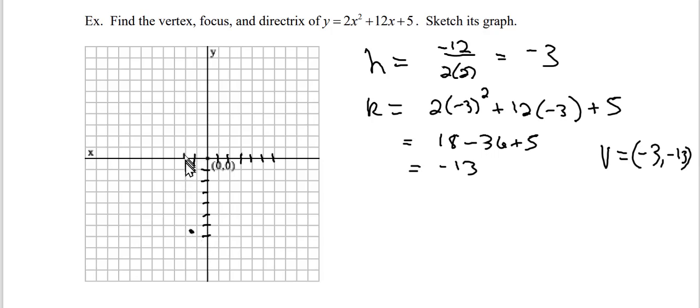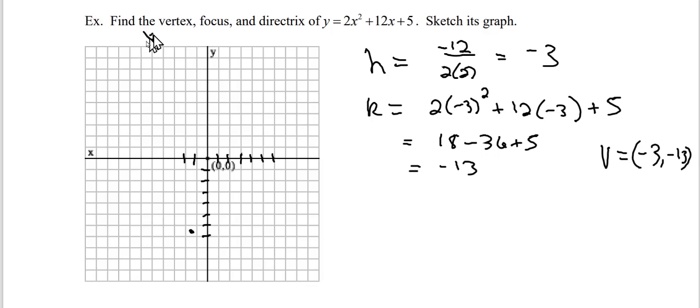Because this is -12 and -14. Halfway in between there. Okay, that's my vertex.